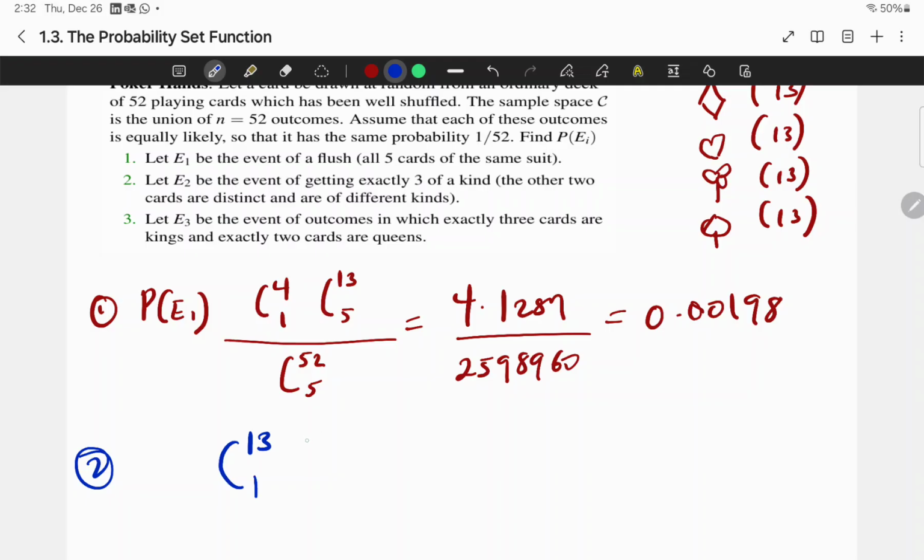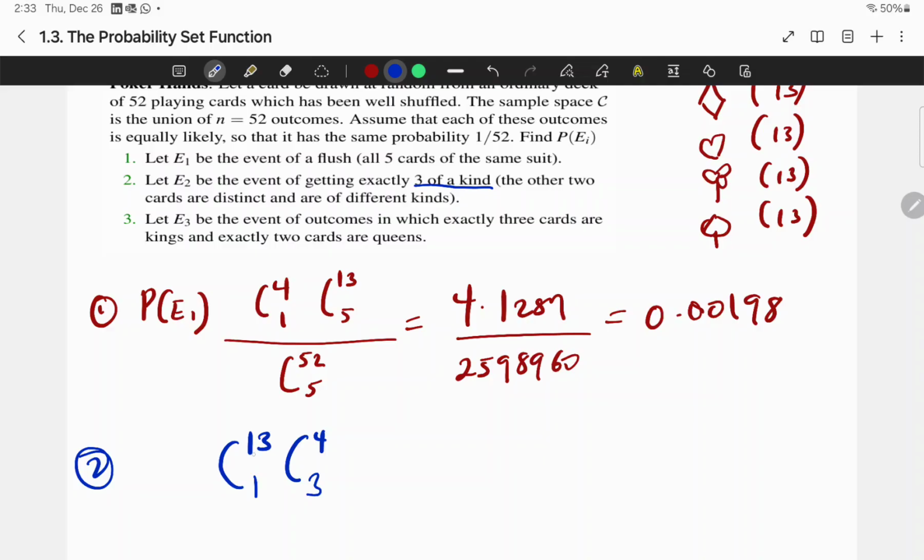We pick 3 of the same kind. Then the other 2 cards are distinct and of different kinds.